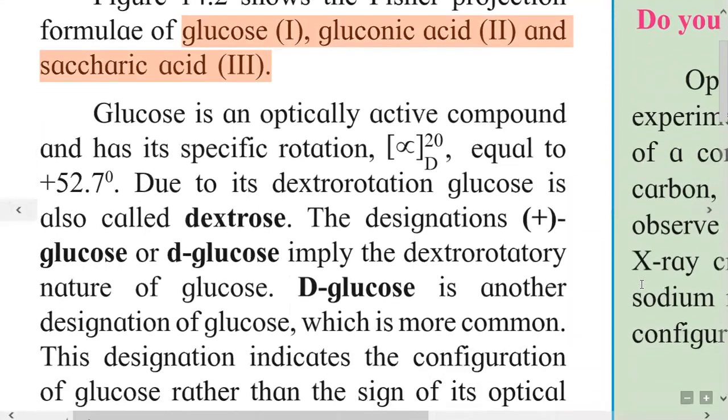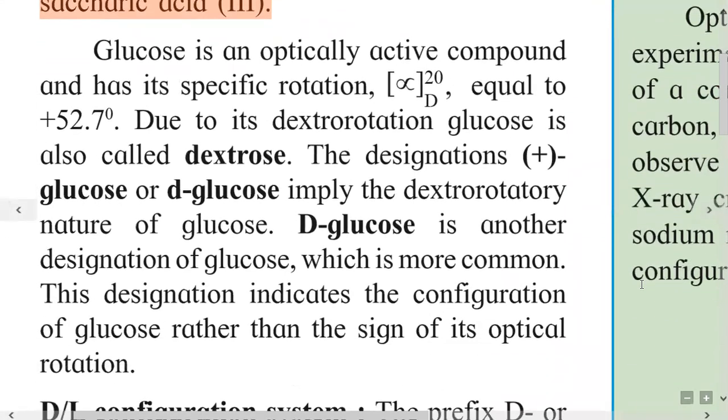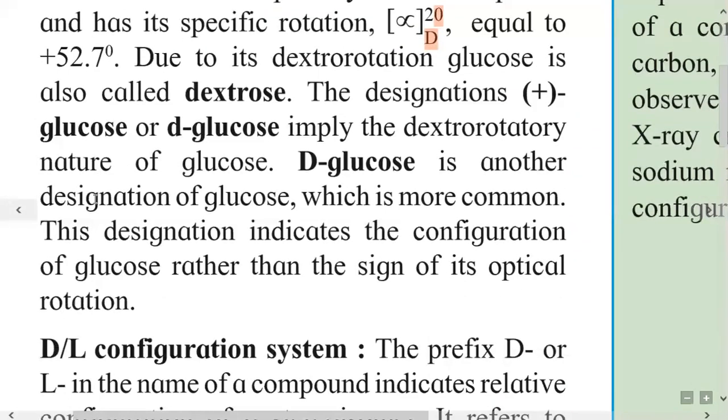Glucose is an optically active compound and has specific rotation alpha D20 equal to plus 52.7 degrees. Due to this dextro rotation, this D indicates dextro rotation. This glucose is also called dextrose.